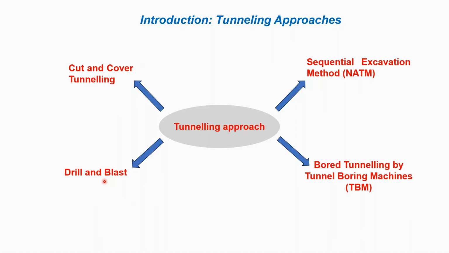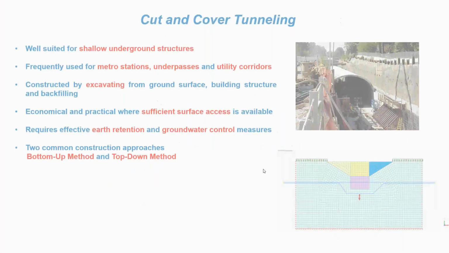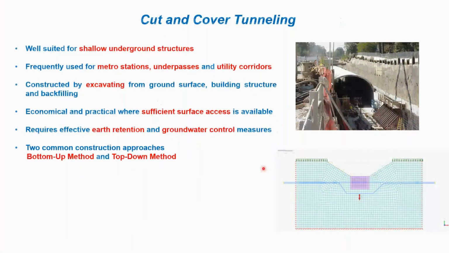So now we will be talking about each one of these tunneling approaches in a bit more detail, starting from the cut and cover tunnels. This is one of the most widely used tunneling methods, which is particularly suitable for shallow underground structures. As the name suggests, the tunnel is constructed by first excavating from the ground surface, then building the tunnel structure, and finally backfilling the excavation.